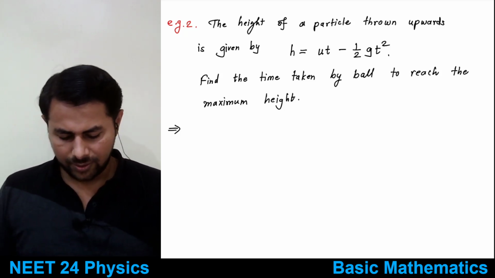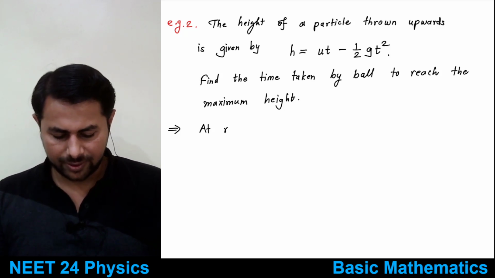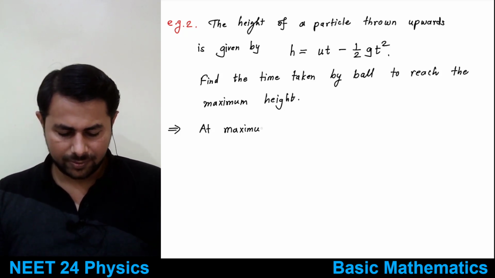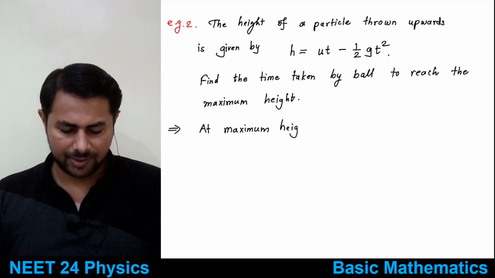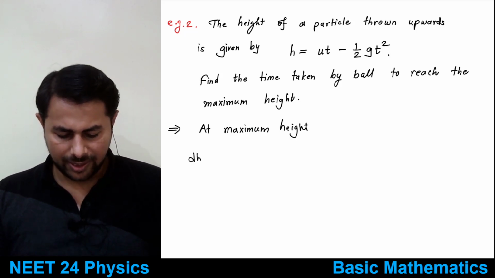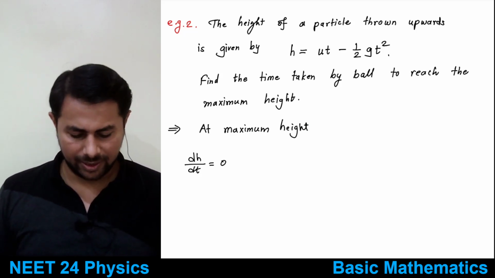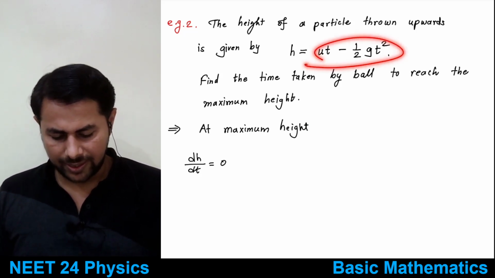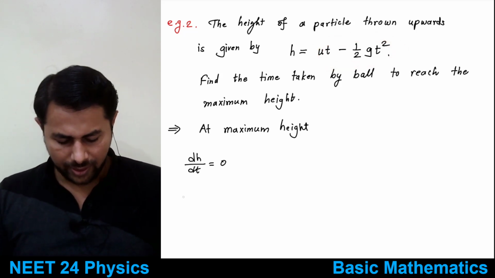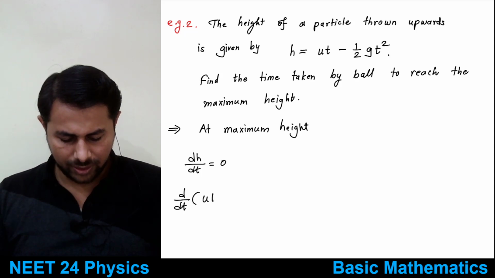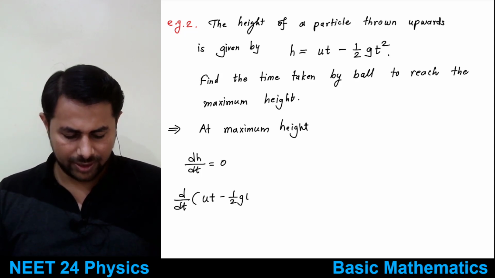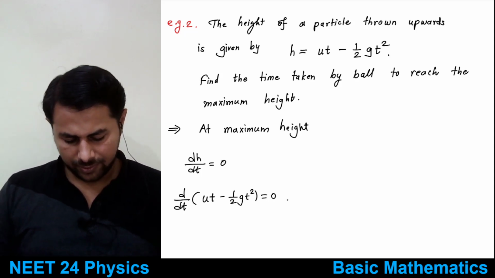So we know at maximum height, that is the maxima, dh by dt would be equal to what? 0, right? dh by dt would be equal to 0. So just take that. You have d by dt of ut minus half of gt square is equal to 0.